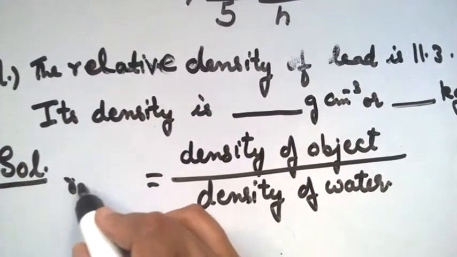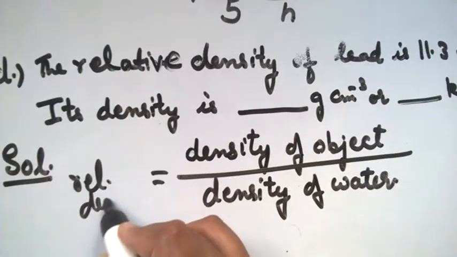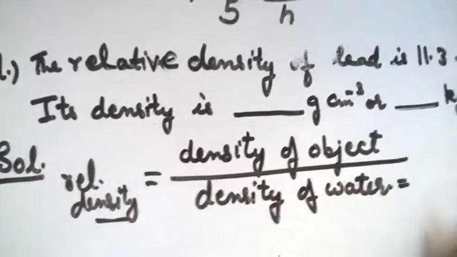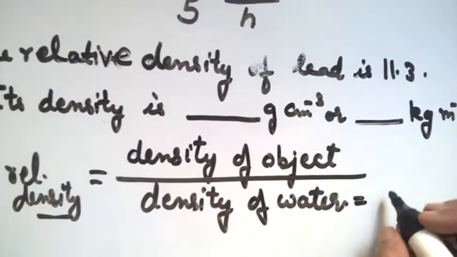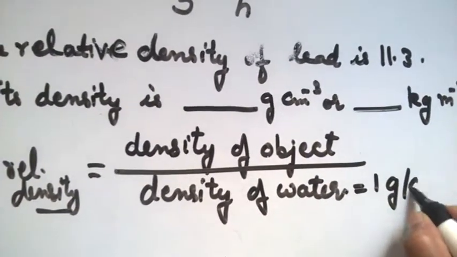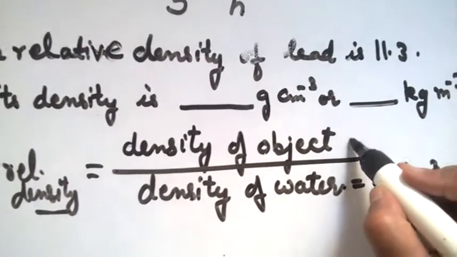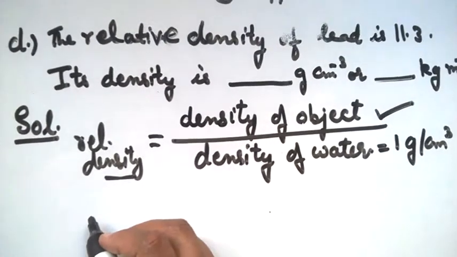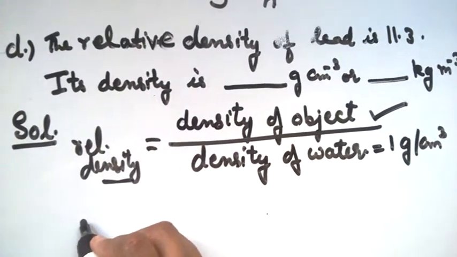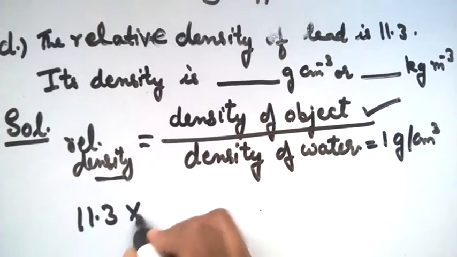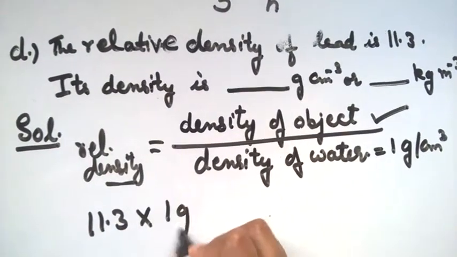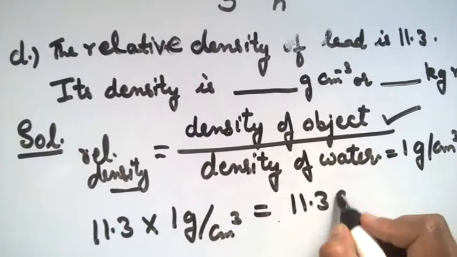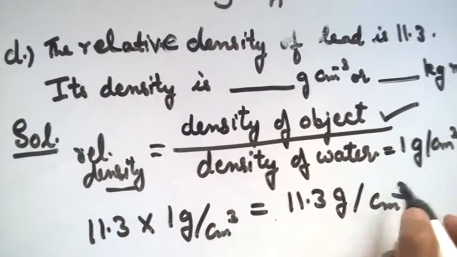This is known as relative density. Now relative density is given. Density of water is maximum at 4 degrees Celsius, that is 1 gram per centimeter cube. So we can find the density of the object. Here relative density is given, which is 11.3 into 1 gram per centimeter cube. This is equal to 11.3 gram per centimeter cube. So this is the answer.